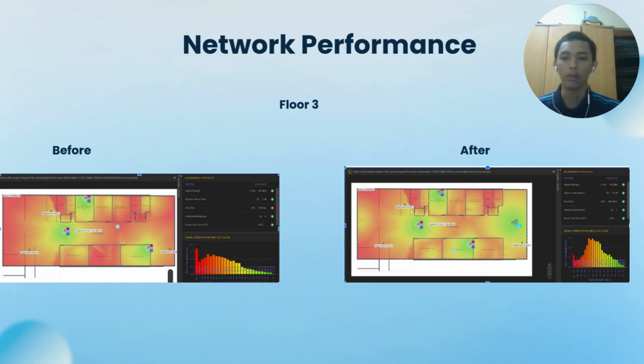It improved the channel management and power setting, resulting in a stronger signal strength and higher SNR, and also a better performance across all floors. So the dead zones were eliminated. The latency dropped below 100 ms, and also the packet loss was eliminated.